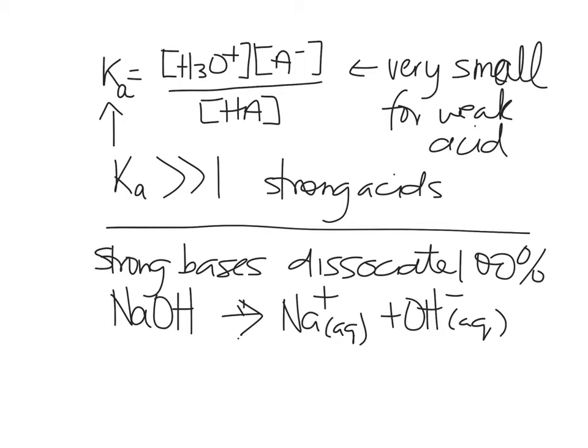So if we know the concentration of hydroxide, we can find the concentration of H+, and therefore the pH. pH is equal to the negative log of the H+ ion concentration.